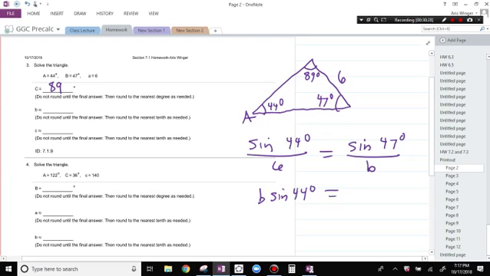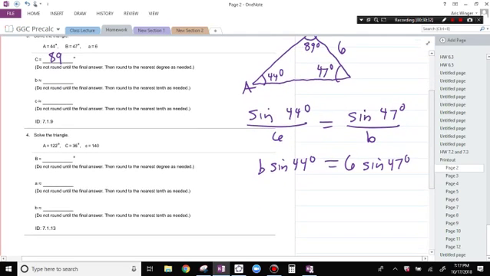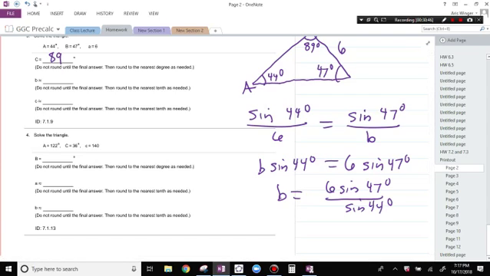Cross multiply, same stuff. All right, we'll keep rolling. 37 degrees over the sine of 44. All sines.